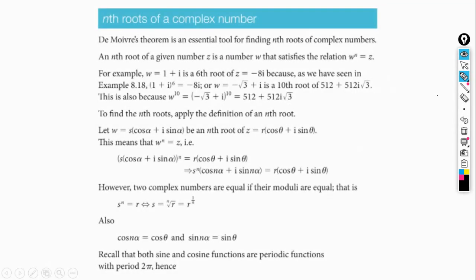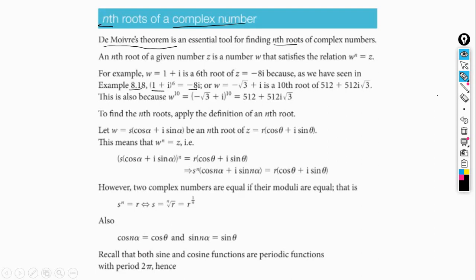So now we're going to talk about nth roots of a complex number. De Moivre's theorem is essential for finding nth roots of complex numbers. From example 8.18, remember that 1 plus i to the power of 6 is equal to negative 8i.